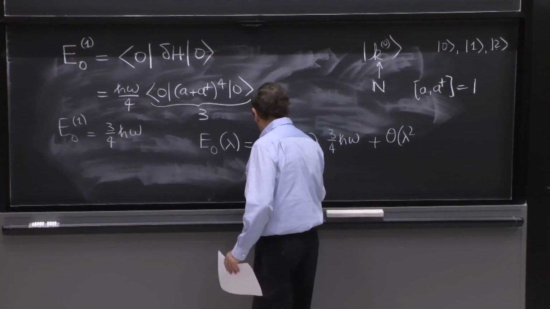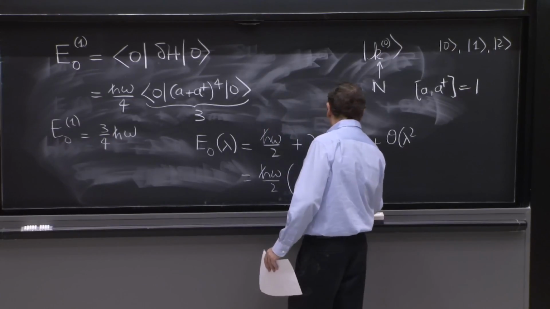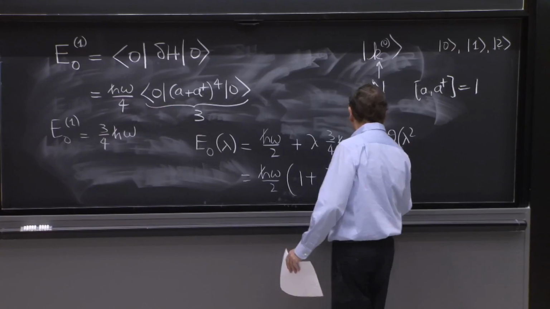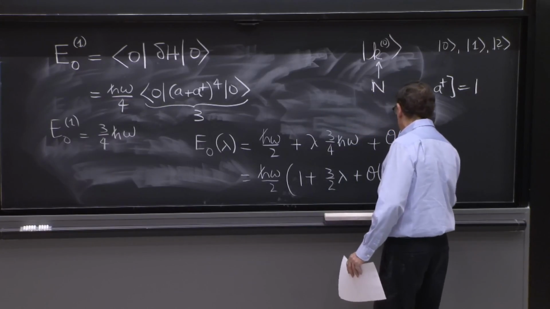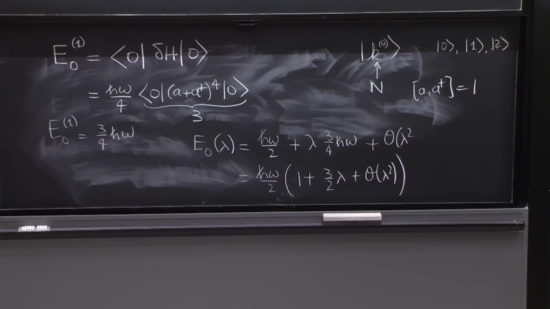So E0 of lambda is ħω over 2 times (1 plus 3/2 lambda) plus order lambda squared. That's what we got. And that makes nice sense.